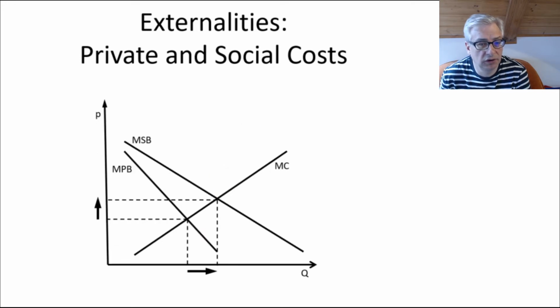A similar situation will happen when some benefits are ignored. These would be positive externalities. If I am vaccinated against some fever, some disease, then I will not be ill with this disease, but also I will not pass this disease on to you.